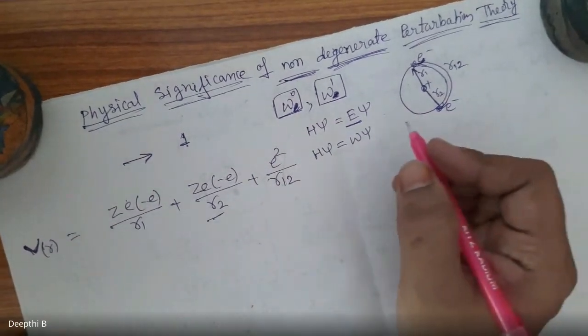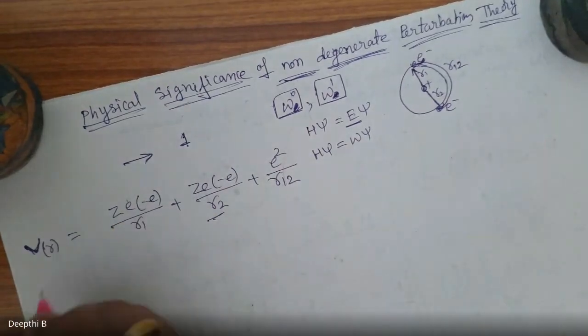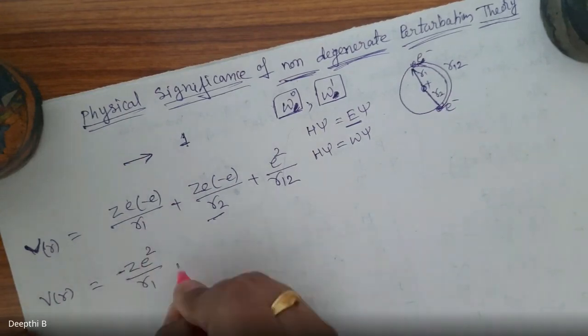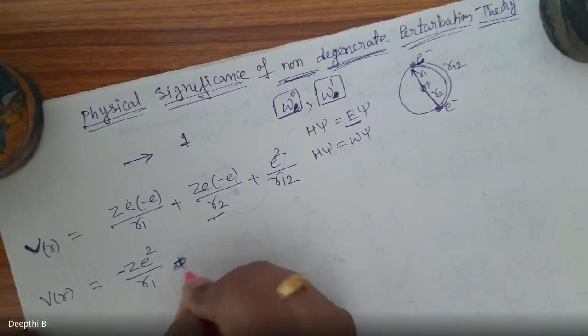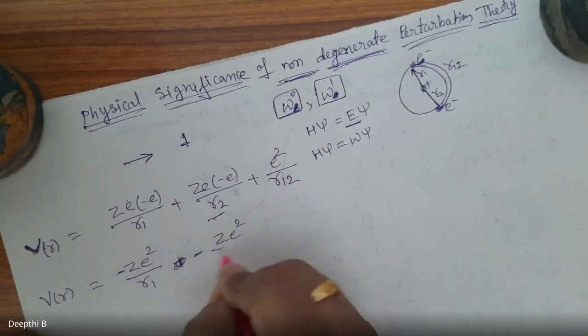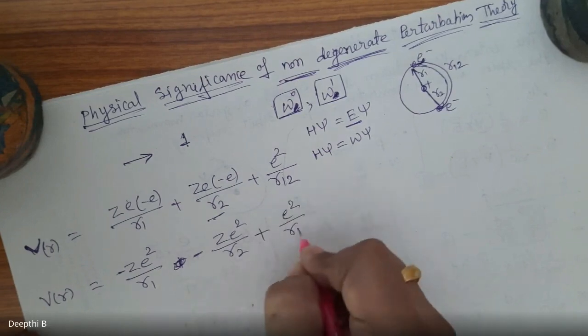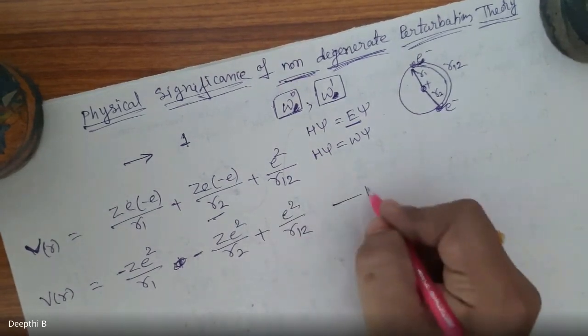So solve it. Vr is equal to minus Z e square by R1 minus Z e square by R2 plus e square by R12. It is equation 1.